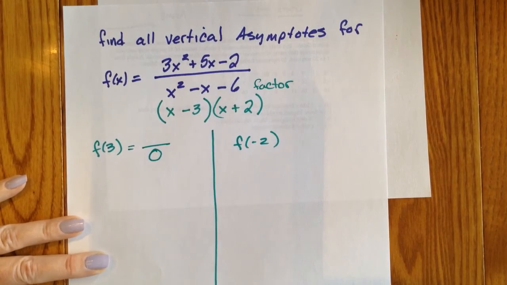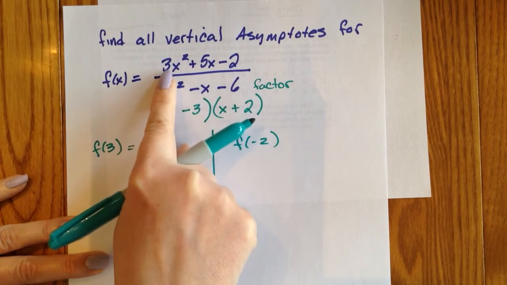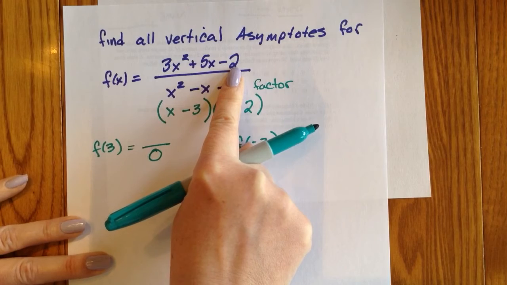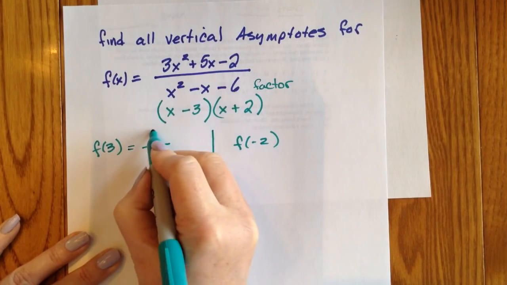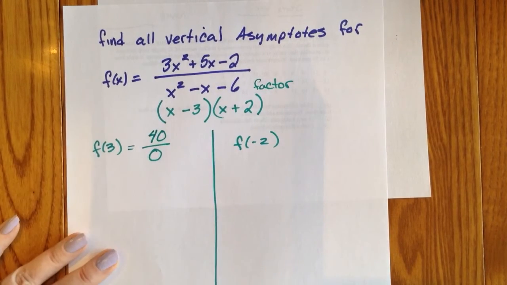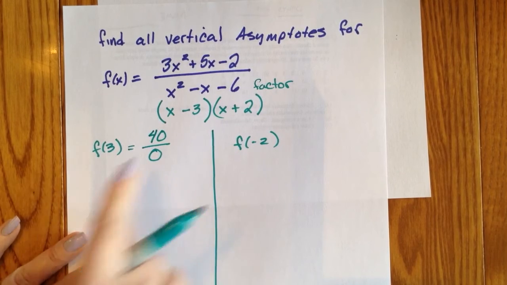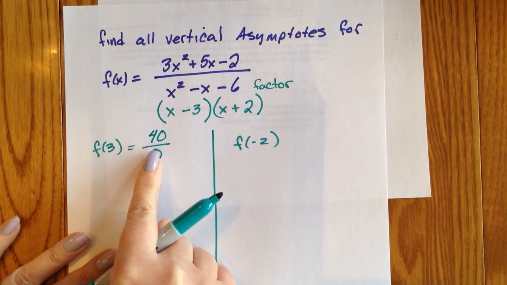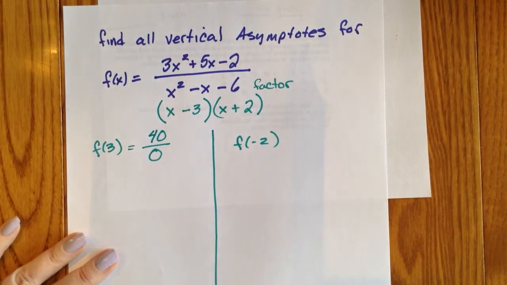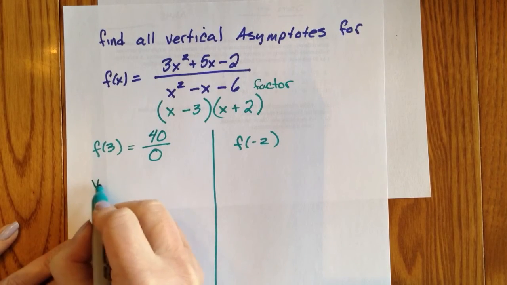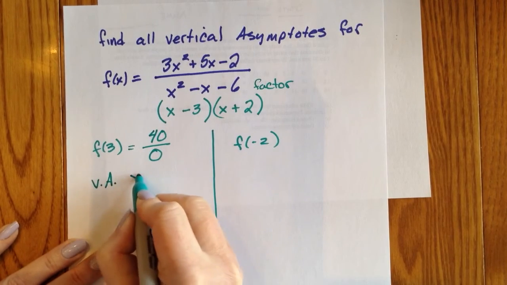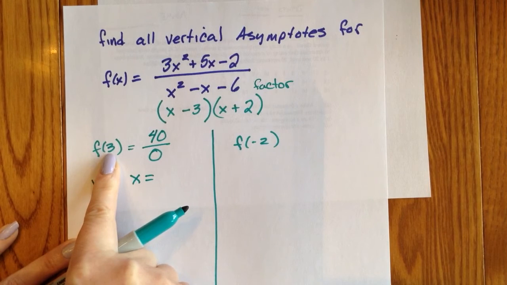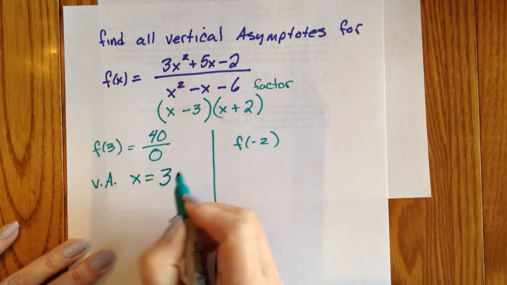But that's not enough to know it's a vertical asymptote. I also need to take 3 and fill it into the numerator. I've already done the work, and I got 40. Hey, look. Not 0 over 0. Boom! Vertical asymptote. This function has a vertical asymptote at x equals 3.